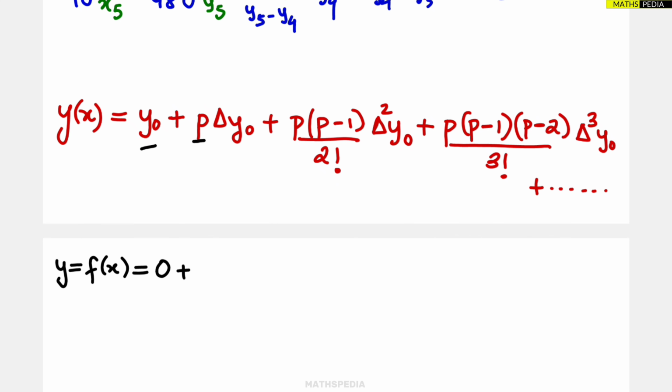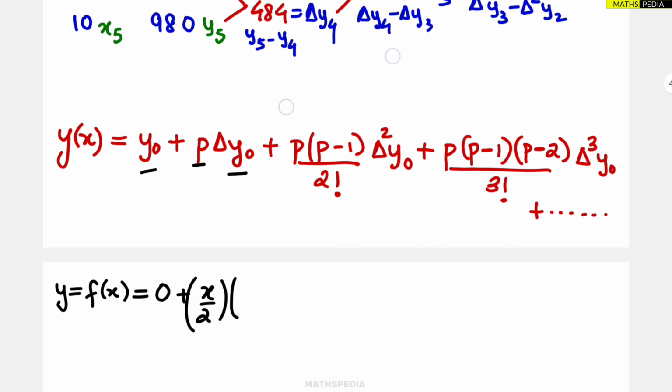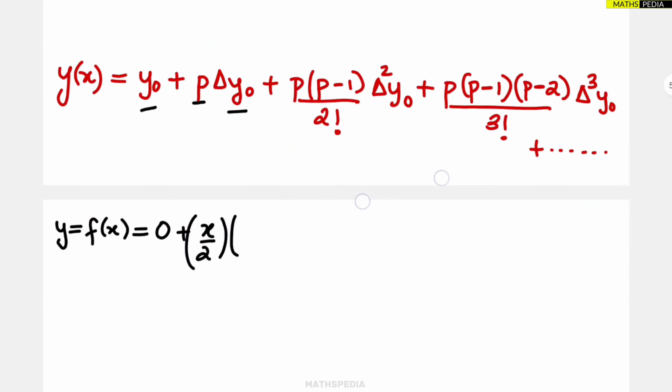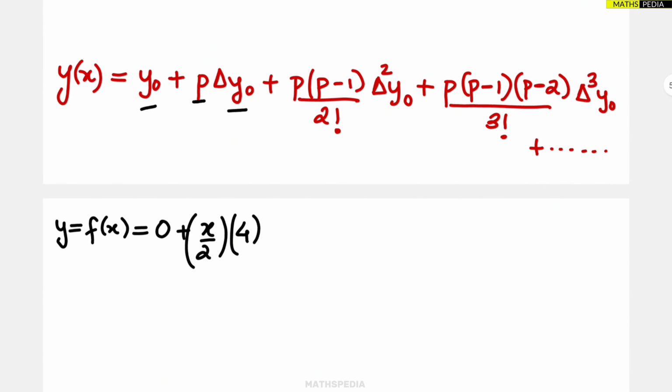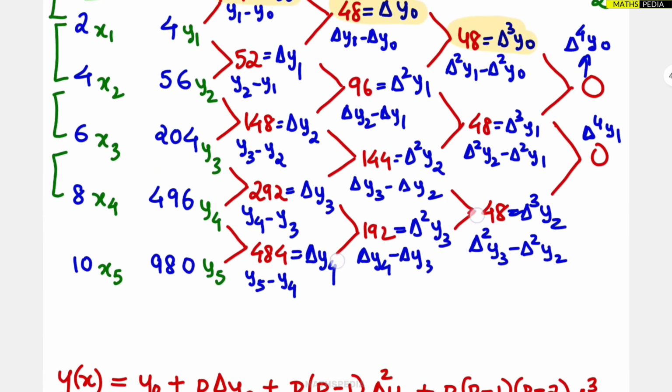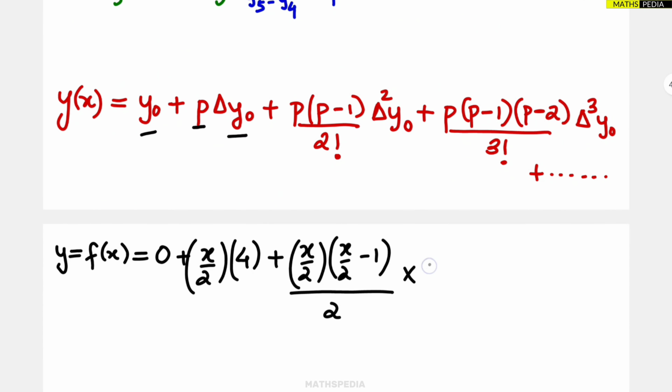Now p value you have to treat as x by 2 into delta y0, 4, plus p value again x by 2 into p minus 1, x by 2 minus 1, whole divided by 2 factorial, which is 2 into 1, which is 2, into delta square y0 value, 48.